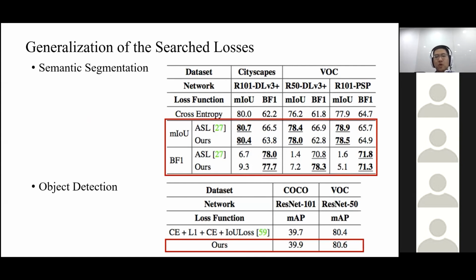Similar to AutoSegLoss, we also verify the generalization ability of the searched loss function over different data sets and networks. Basically, the results show that you can search for the loss functions just once, on a proper data set and a proper network. And when I say proper, it means that the data set is not too easy or the network is not too small. The loss function can then be fixed and applied to different tasks.